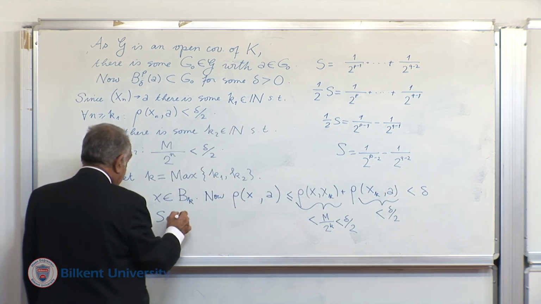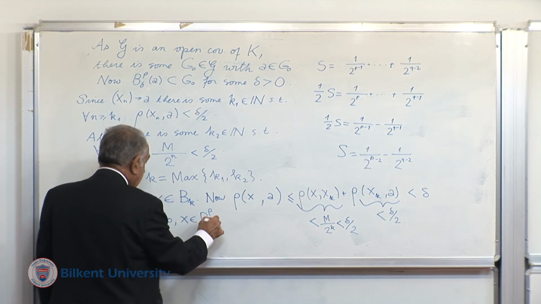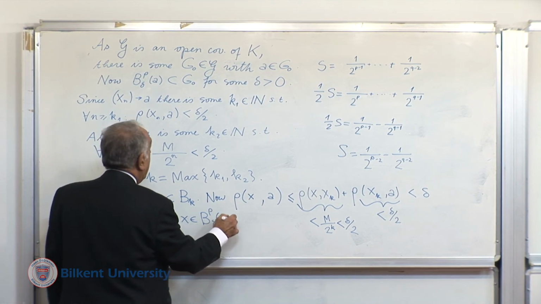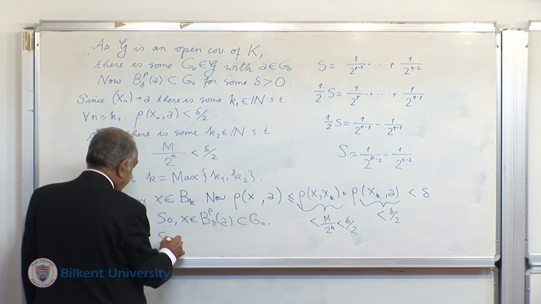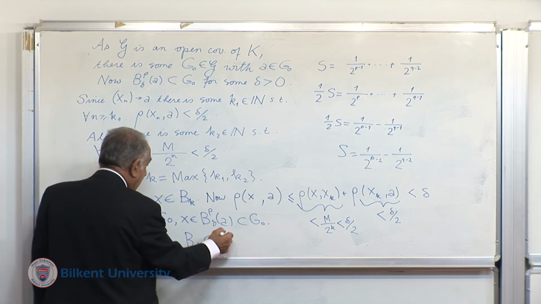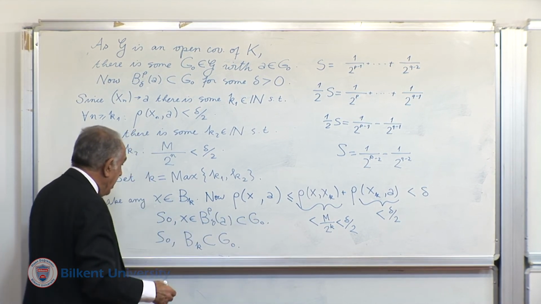So x is in the delta ball about a, but that's in G naught. So bk, that's contained in G naught because any point in bk is a point of G naught.